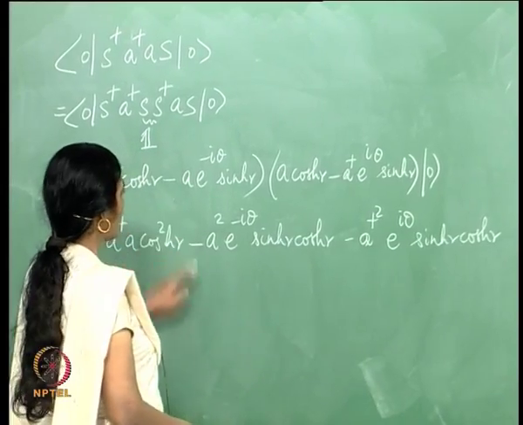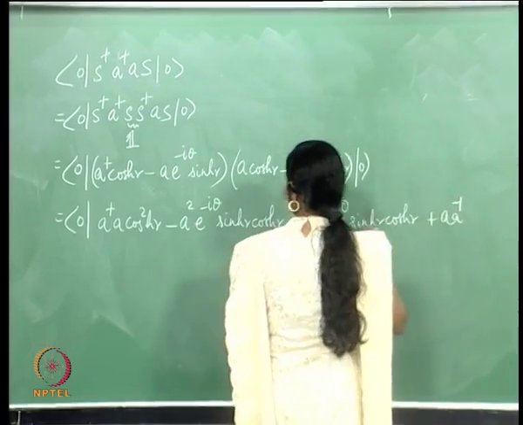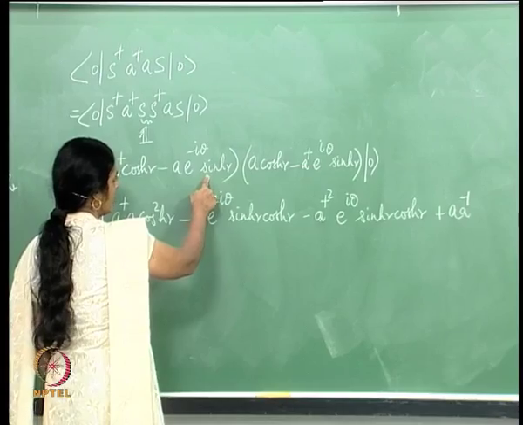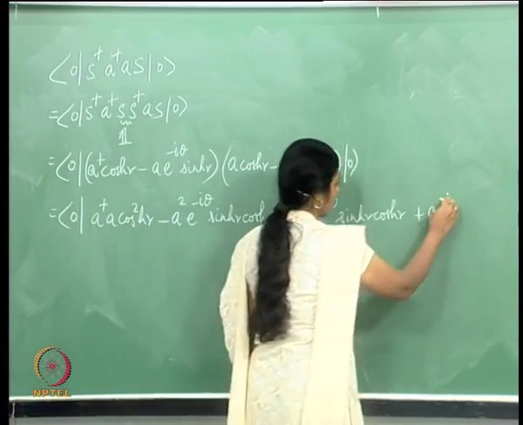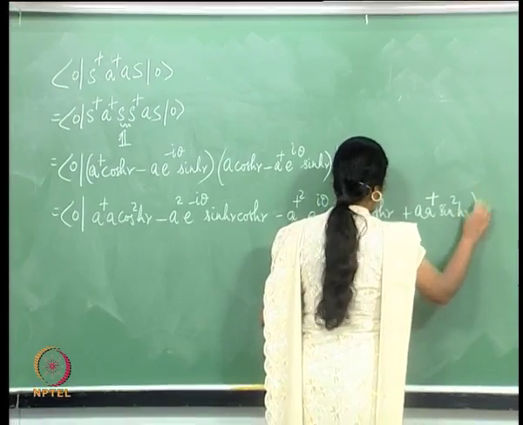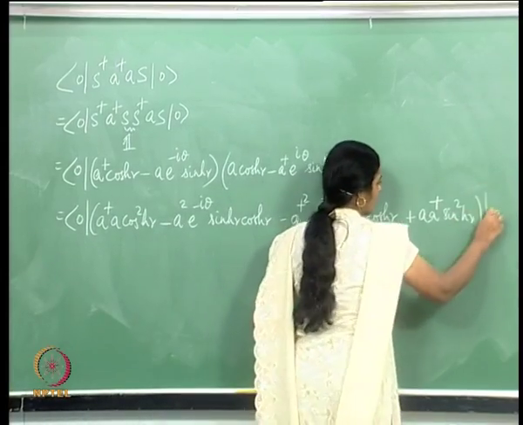And the last term is plus A† A sin squared hr. And this whole thing acts on ket 0.